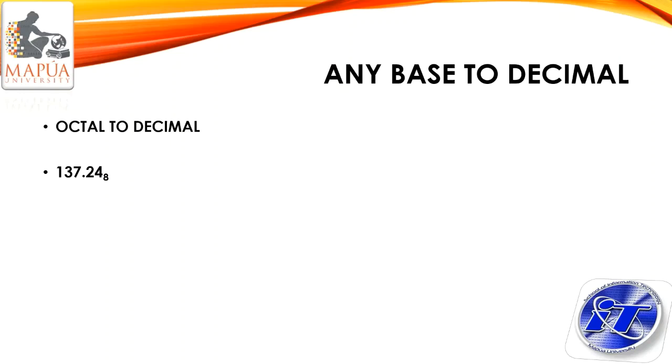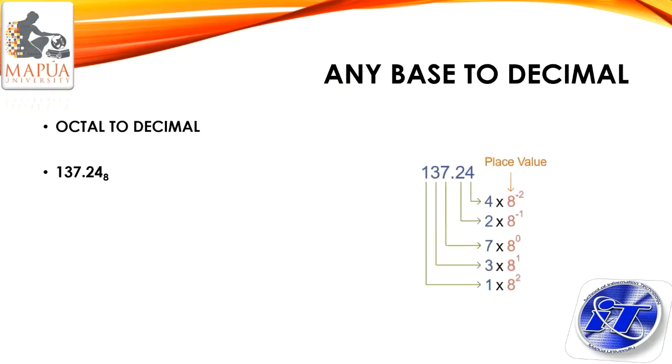Right to left, it increases by 1, and left to right, it decreases by 1. So this will be the positional value of each digit: for 4, 8 raised to negative 2; 2, 8 raised to negative 1; 7, 8 raised to 0; 3, 8 raised to 1; and 1, 8 raised to 2. Multiply the digits to their positional values, then get the sum. The result is 95.3125.